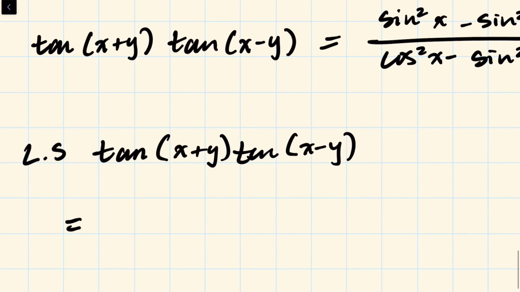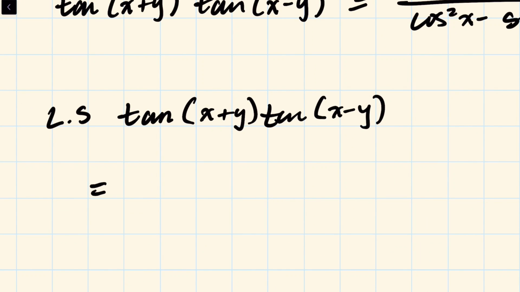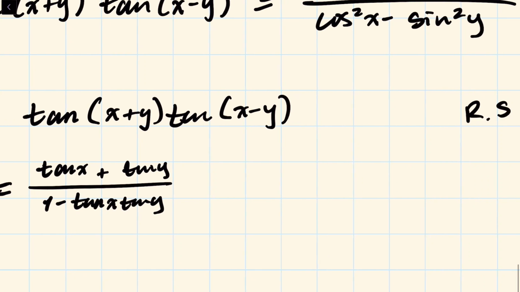But I think what most people would try first, and it's actually what is correct to do, is use the compound angle formulas for tangent here. Okay, and so the compound angle formula for tangent of x plus y is tangent x plus tangent y over 1 minus tangent x tangent y.